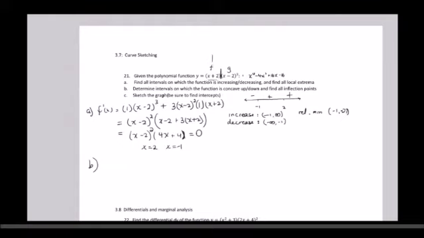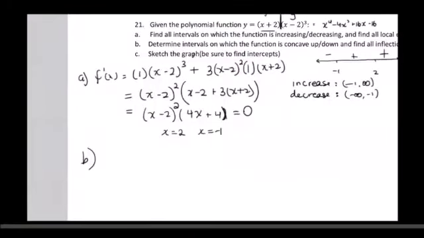I think, however, I'm going to go back to this form of the polynomial. The first derivative, f prime of x, was 4x cubed minus 12x squared plus 16. The second derivative of the function would then be 12x squared minus 24x.